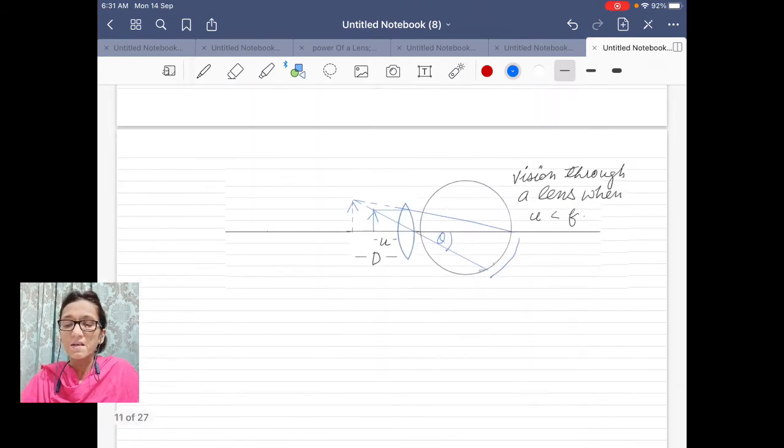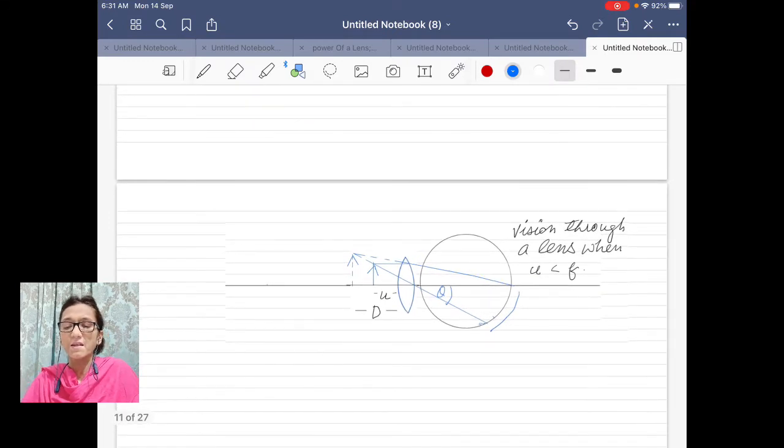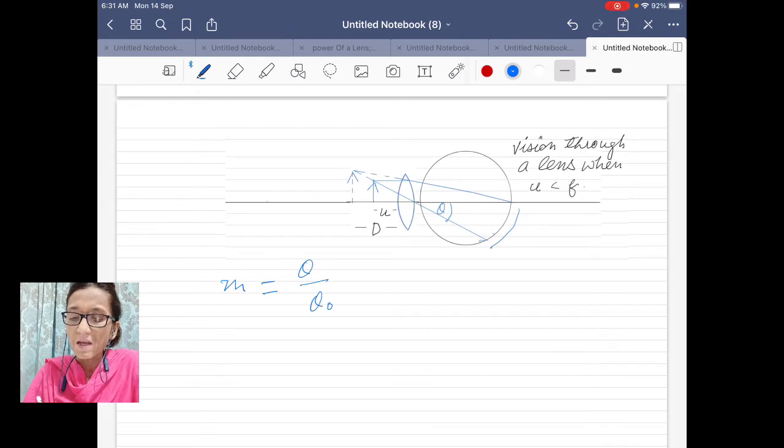Now we will also find the angular magnification when the object is not placed at focus, when the object is within focus and the image is obtained at d. So magnification is equal to theta upon theta naught.